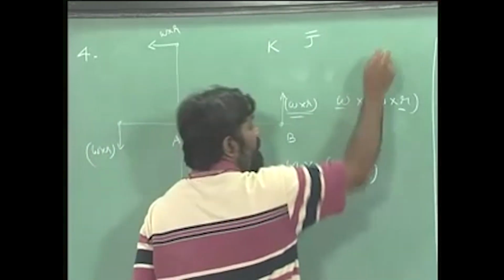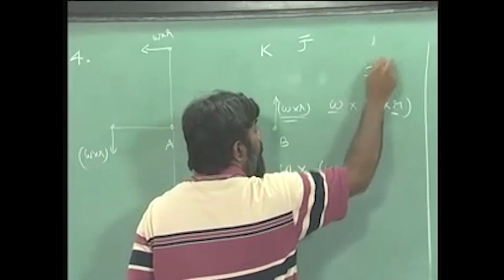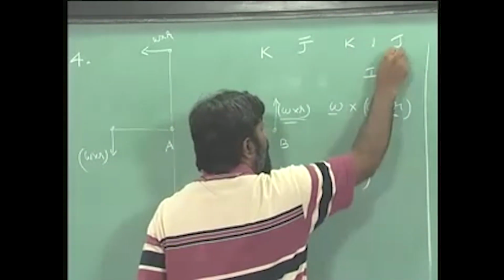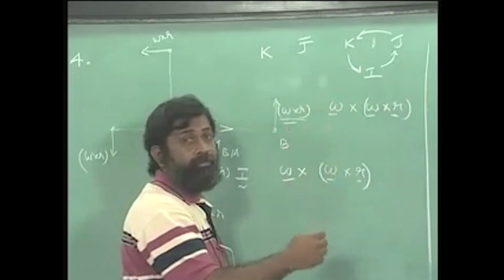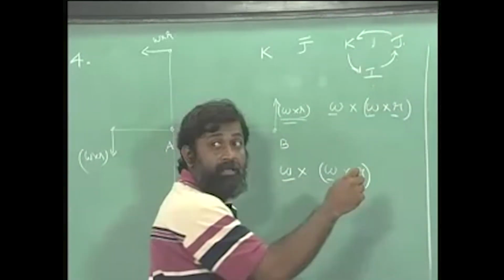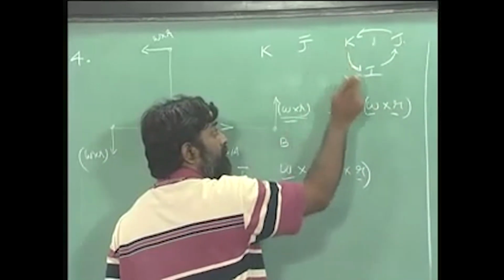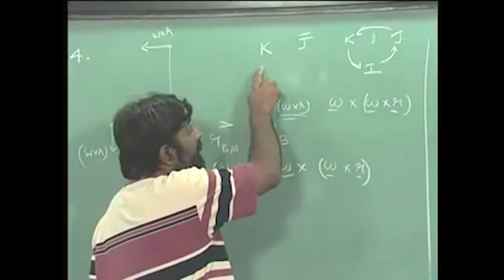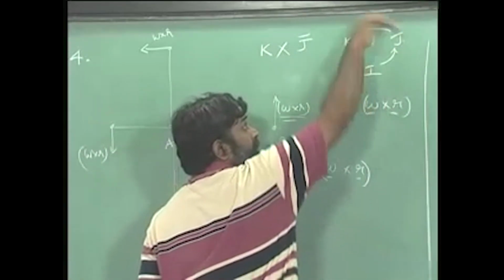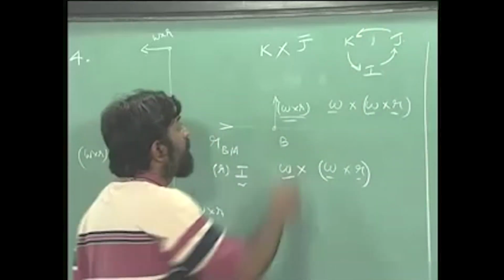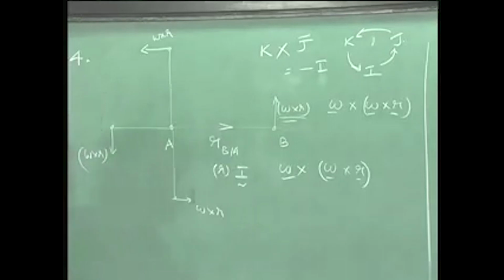So as I said, the cyclical notion, I put it this way: i here, j here, k here, and the anti-clockwise direction gives me positives. i cross j is k, j cross k is i, k cross i is j. What I have here is k cross j, which means it is clockwise, which will be minus i. Is this clear? So what would be the direction?